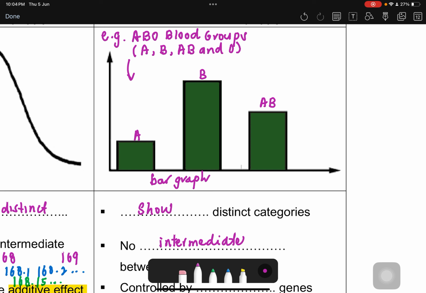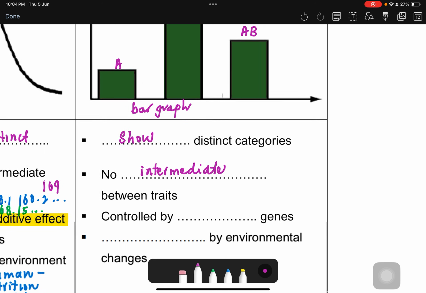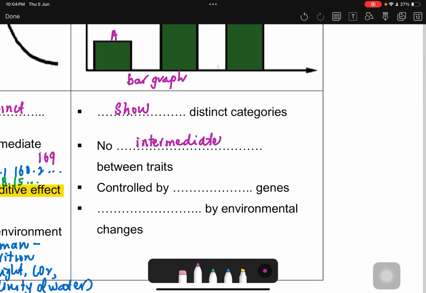A person with blood group A is definitely blood group A. A person who is blood group B is definitely blood group B. There is no in between, right? And usually such traits are controlled by a few genes, and they are not affected by environmental changes. Our blood group does not change regardless of how our environmental physical condition changes.